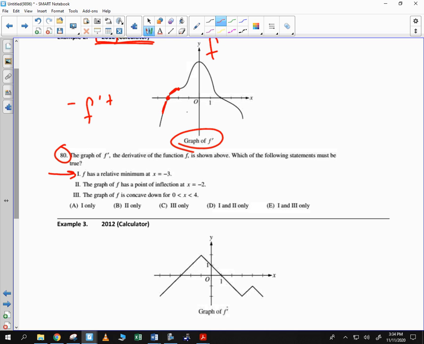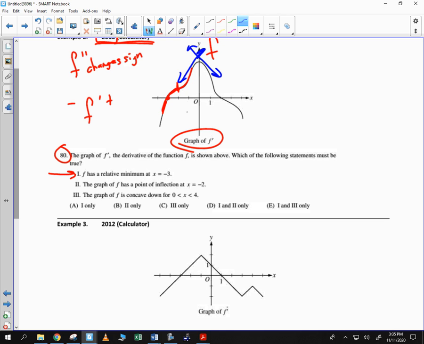The graph of f has a point of inflection at x equals -2. It kind of looks like it changes from concave down to concave up, like this is an inflection point. But remember, the graph of f has an inflection point. That would be saying f prime has an inflection point. We're not talking about f prime. Remember that an inflection point occurs when f double prime changes sign. If you're looking at this graph of f prime, notice it goes from increasing to decreasing.